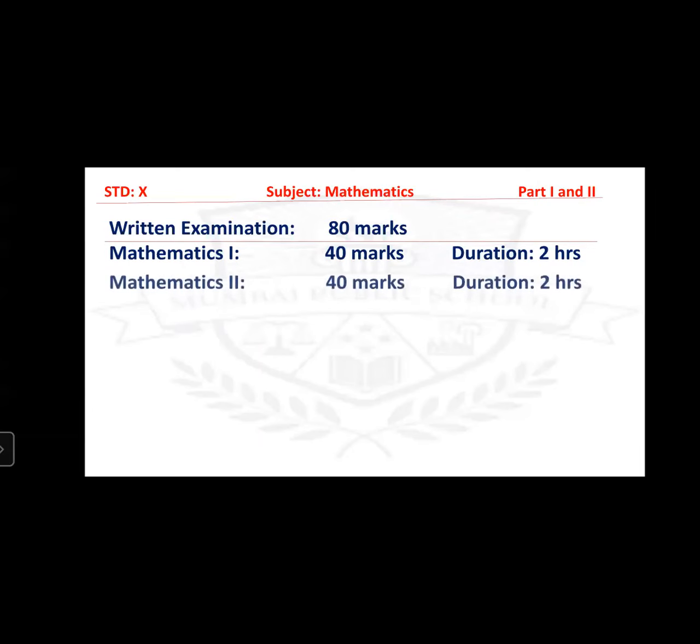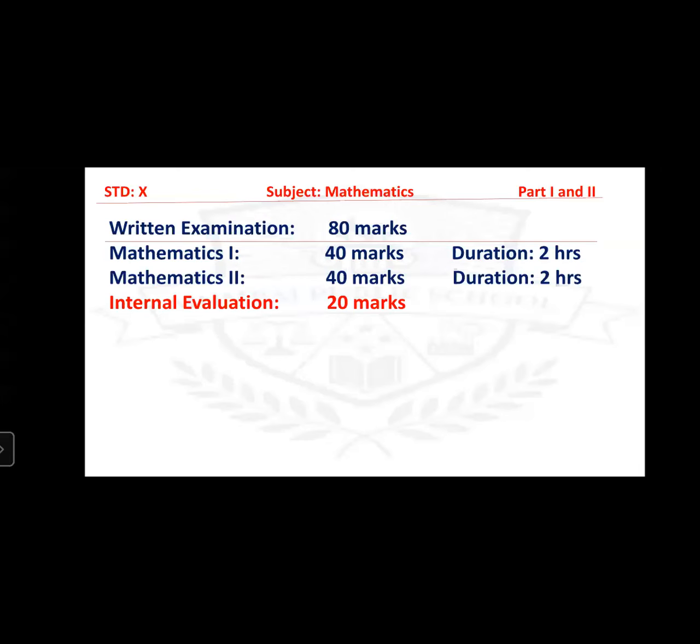Similarly, mathematics part 2 is again 40 marks and the time duration is 2 hours. The second part, internal evaluation, is of 20 marks. So 80 plus 20 is equal to a total of 100 marks. So our paper is of 100 marks.